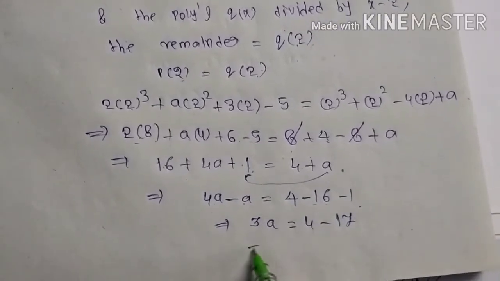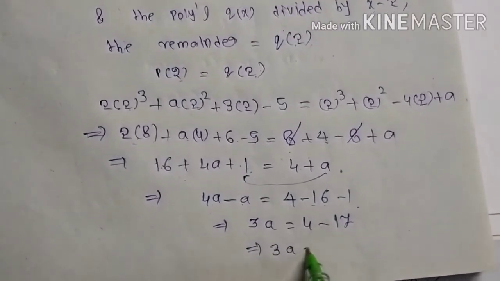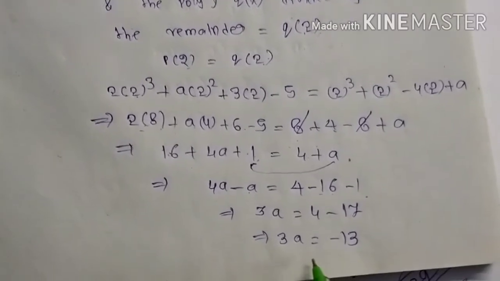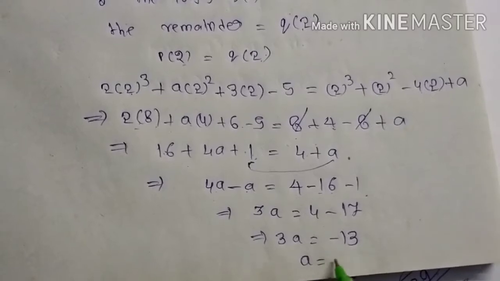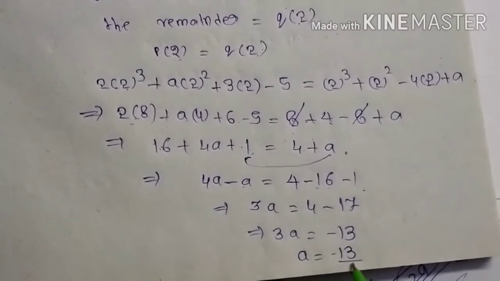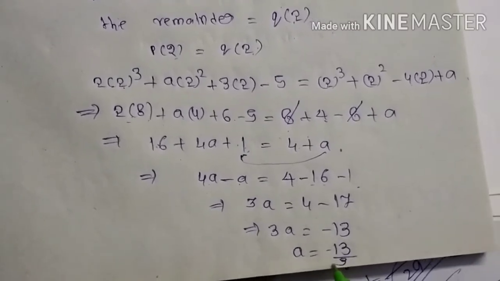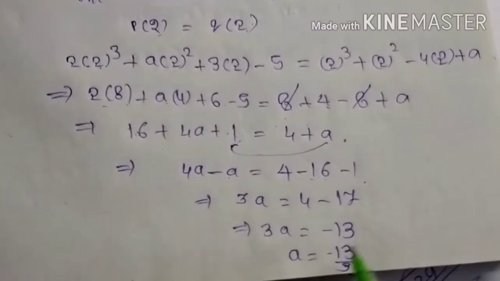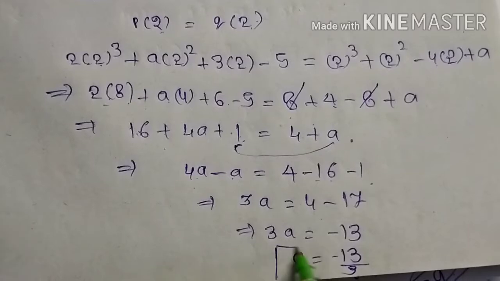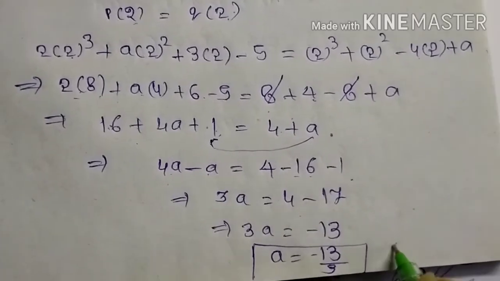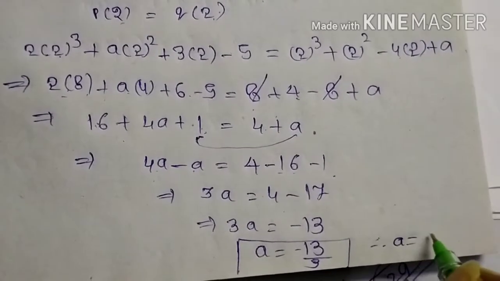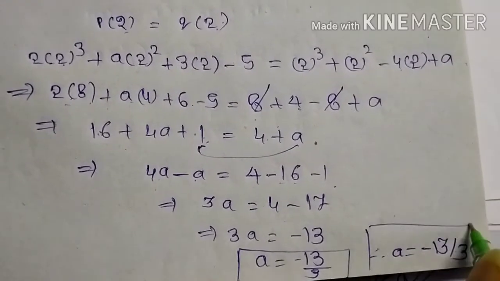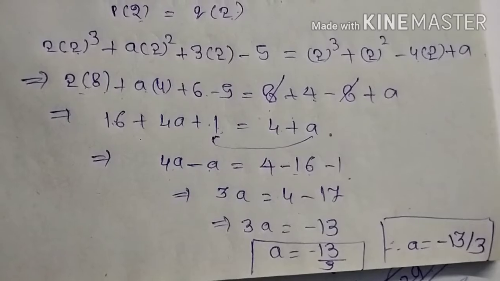That means 3a is equal to 4 minus 17, which is minus 13. Yes or no? Yes. See here, a value is how much? Minus 13 by 3. Yes or no? Minus 13 by 3 is your answer. Therefore a is equal to minus 13 by 3 is your answer.